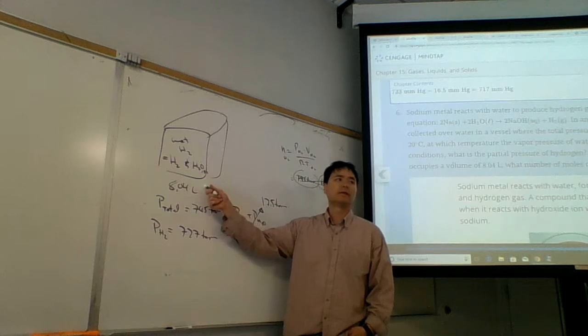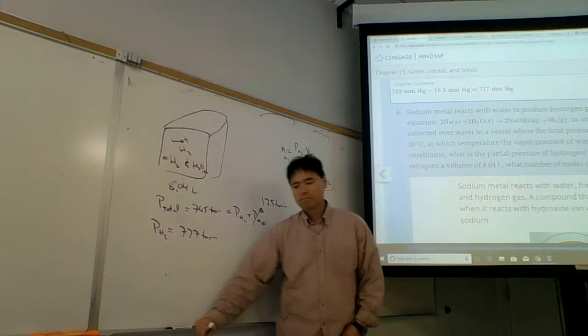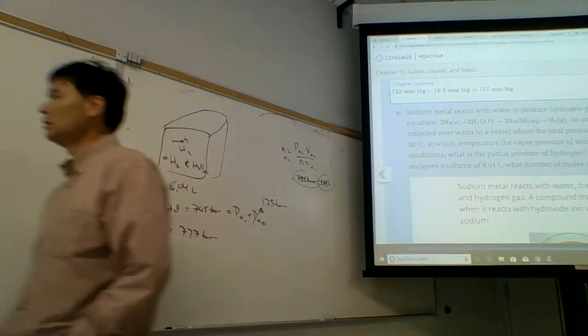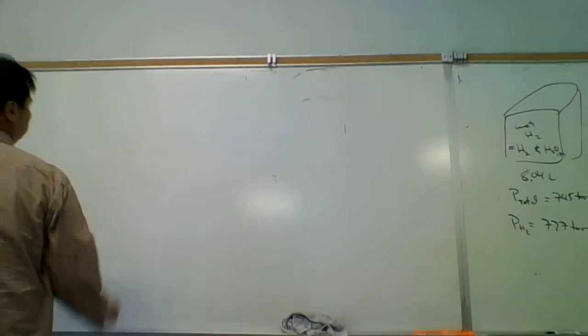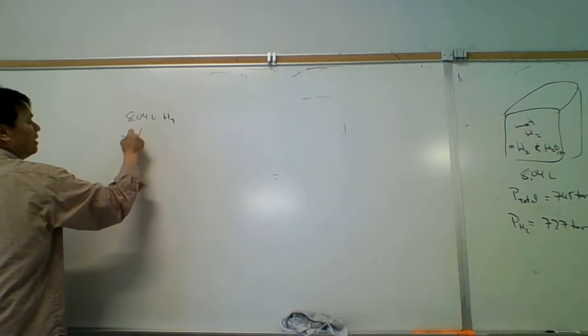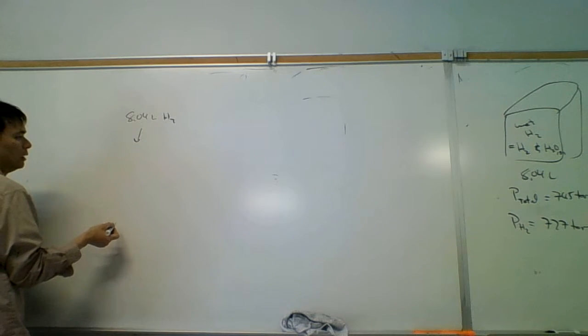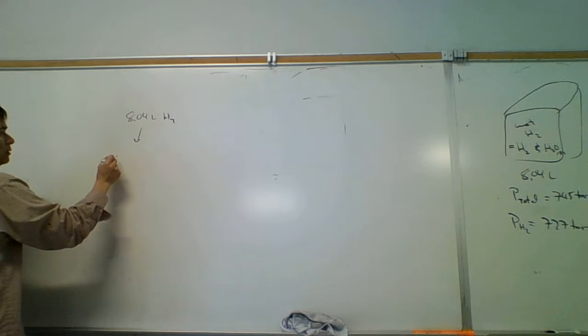The volume is going to be the total, 8.04 liters. And so this is what it means: if we have 8.04 liters of hydrogen, we're going to have a fraction of the pressure.